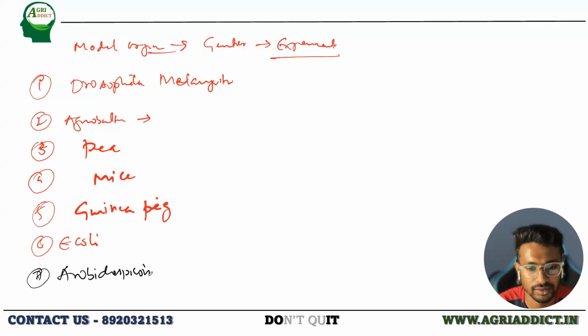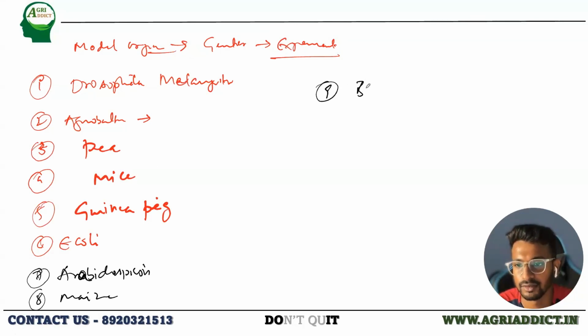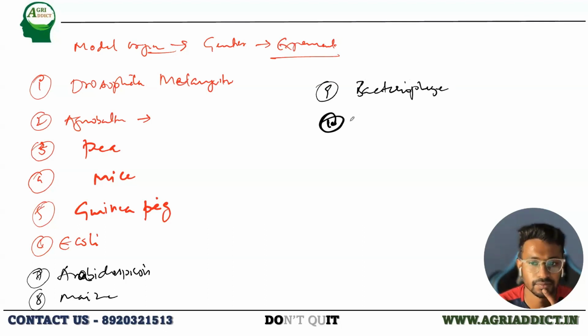Have you heard about this plant, Arabidopsis? Yes, sir. Maize. Then we have bacteriophage. What else do we have? Maize, Arabidopsis, bacteriophage, Drosophila, E. coli. Anything else?